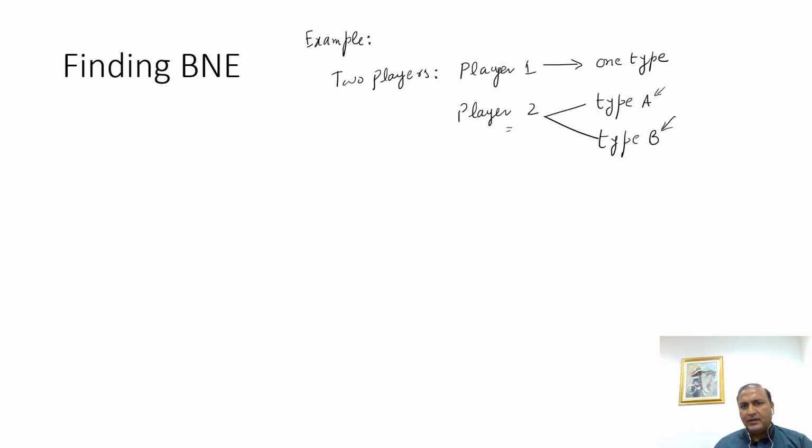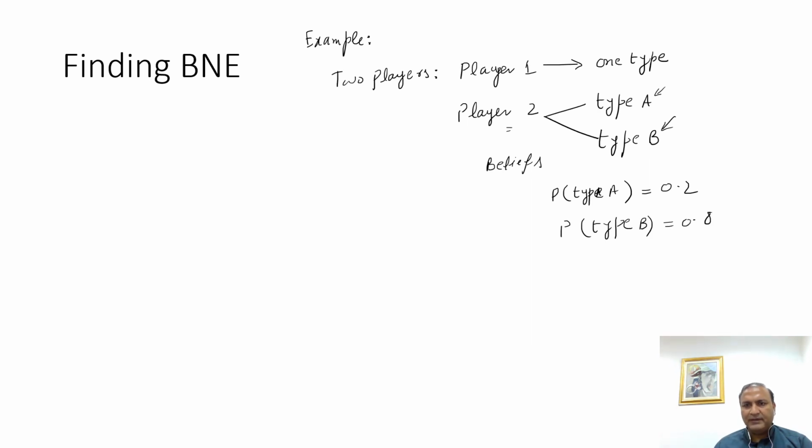And then player 1 has some beliefs, some knowledge about player 2's types. He knows that the probability of type A is 0.2 and the probability of type B is 0.8.